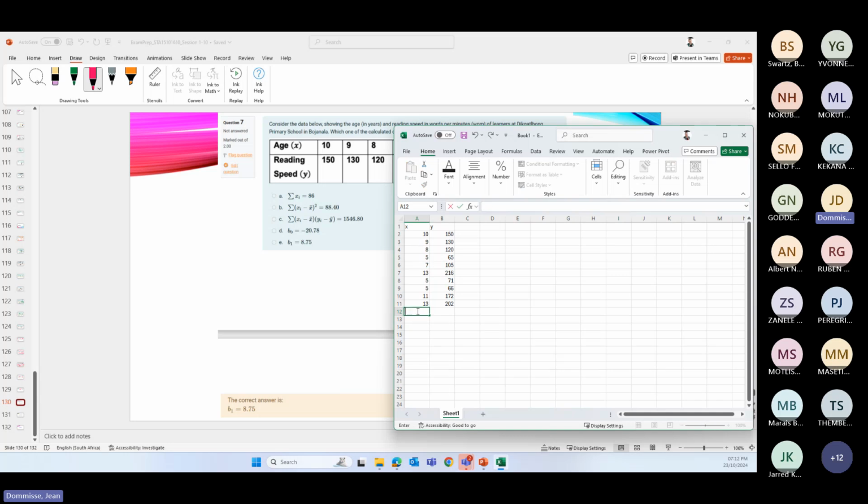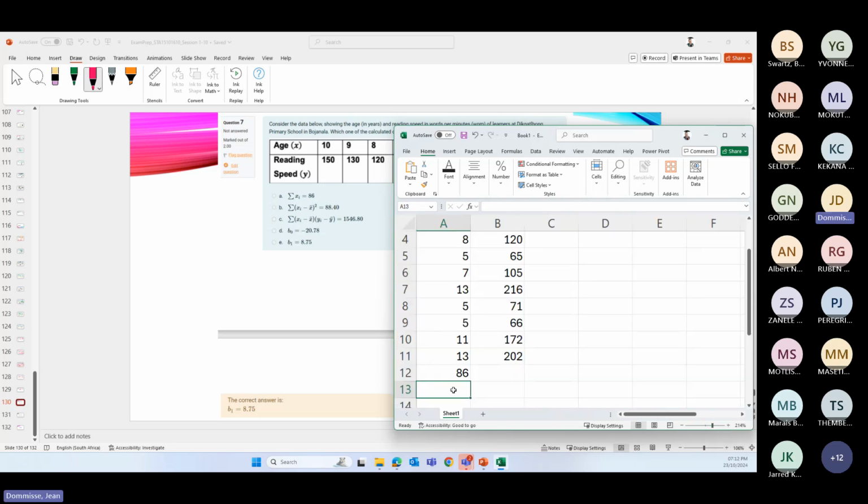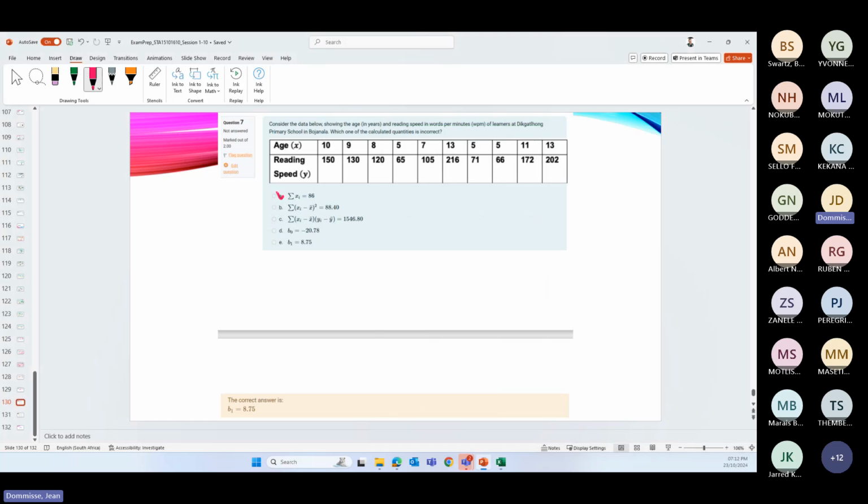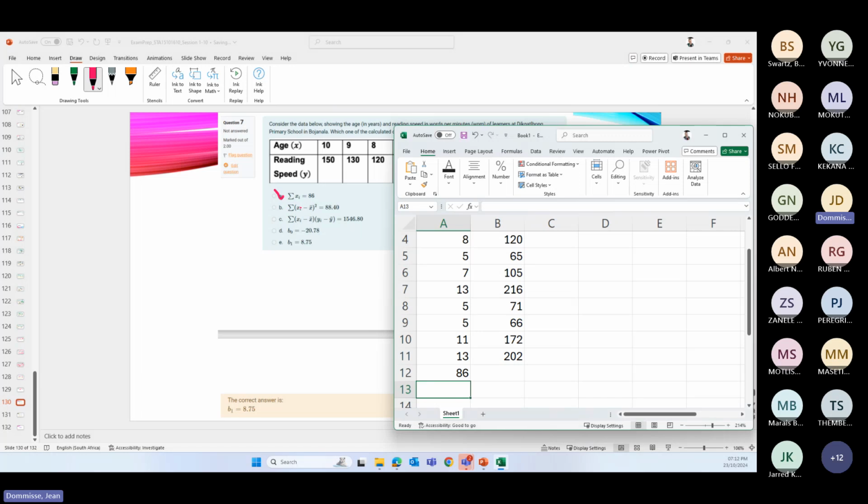So if the sum of x was the wrong one, but again, you can see, the sum of x is 86, so that is correct. We're looking for the incorrect one. Okay, so there we needed to work out something.